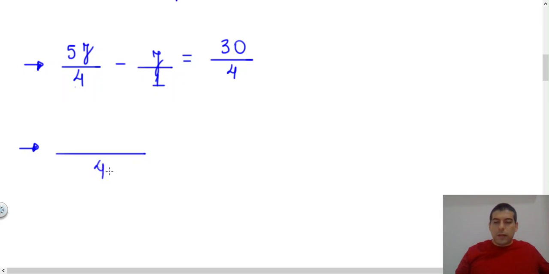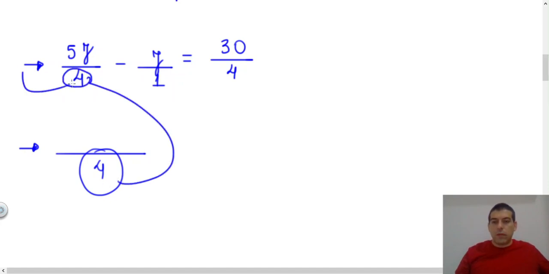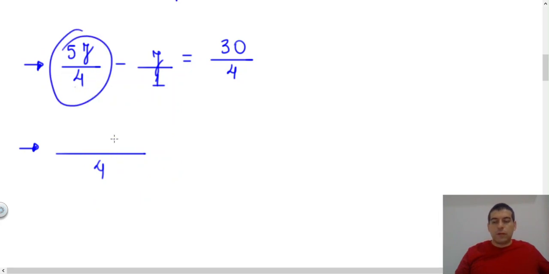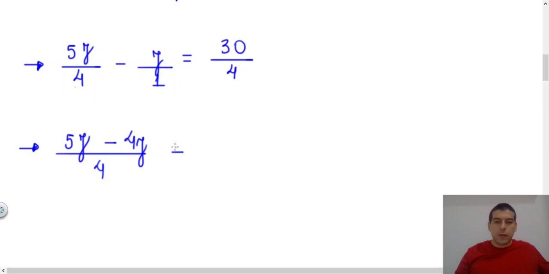And now to find the numerator, I will divide the common denominator by each denominator and multiply by the numerator. So if I do this with the first fraction, I have 4 divided by 4, that will be 1. 1 times 5J will be 5J. And 4 divided by 1 will be 4. 4 times J will be 4J. Let's put a minus sign between them, and this will be equal to 30 divided by 4.